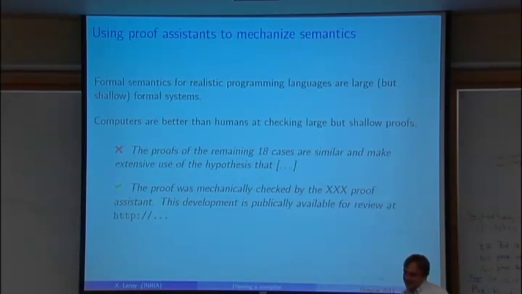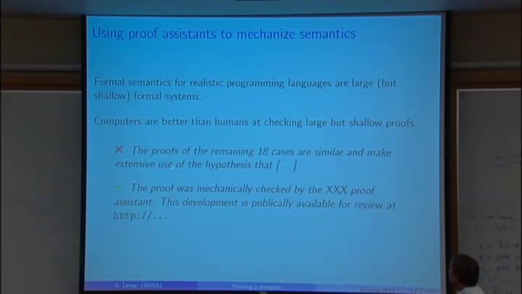And there's a really good fit between proof assistants and mechanized semantics, because formal semantics for realistic languages are large but shallow formal systems. Many cases but no deep mathematics, and computers are better than humans at working with that.